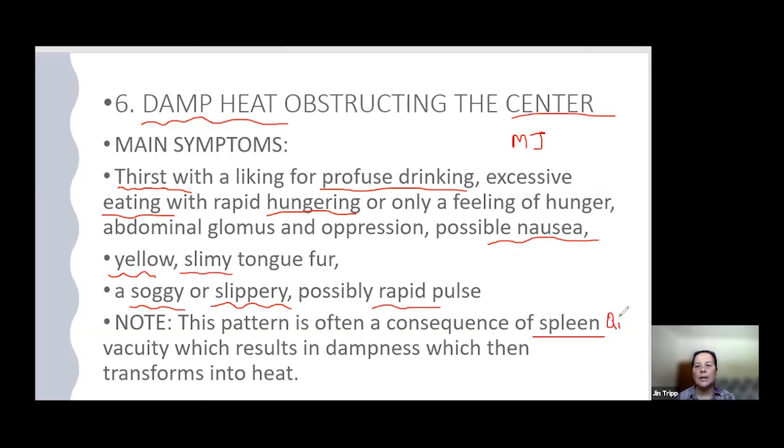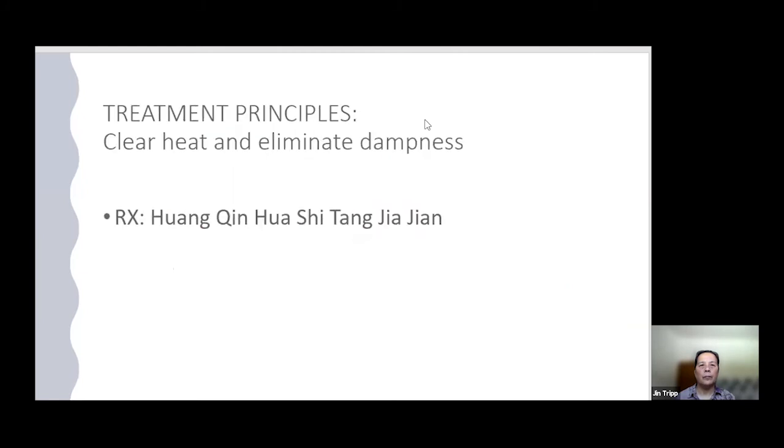We say spleen qi difference, transporting and transforming not working. When transporting and transforming is not working, it's blocking here. And the blocking can cause some dampness combined with the heat. So the treatment principle for this pattern is clear heat and remove dampness.